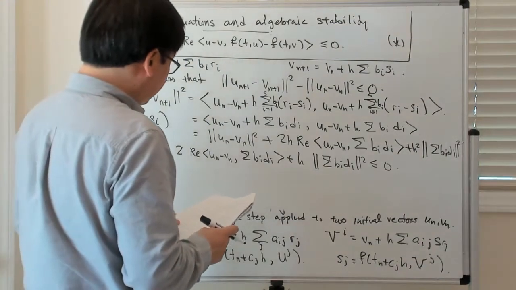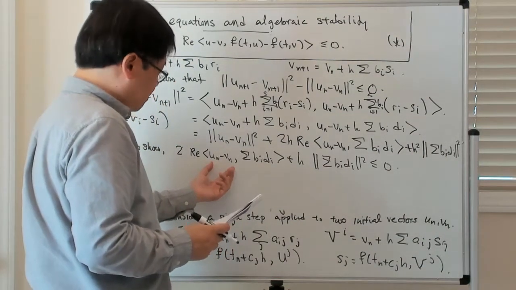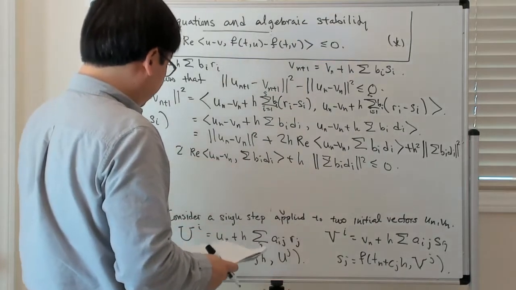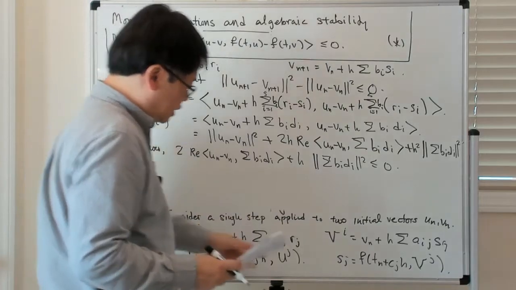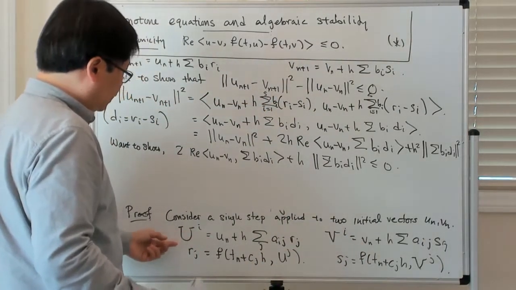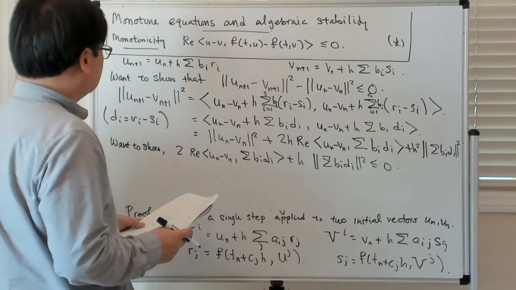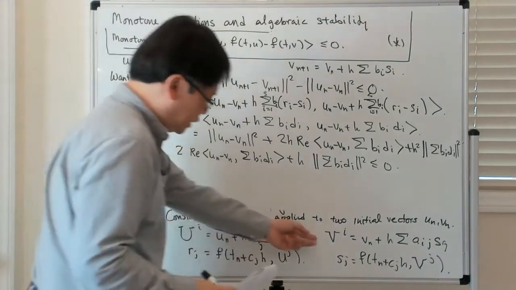So what I'm going to do next is deal with this un and vn. I'm going to rewrite them using the definition of the internal stages.